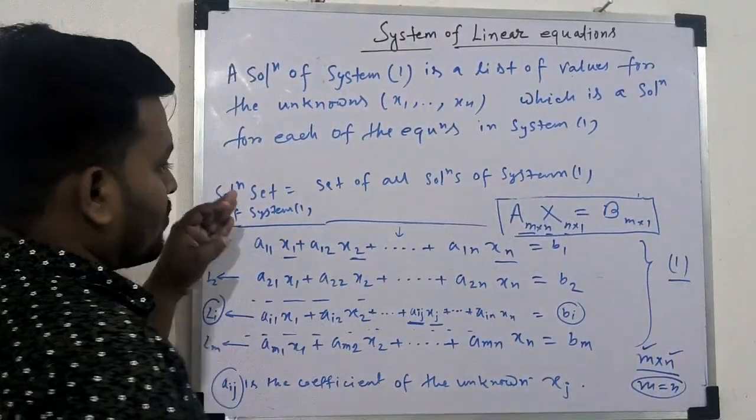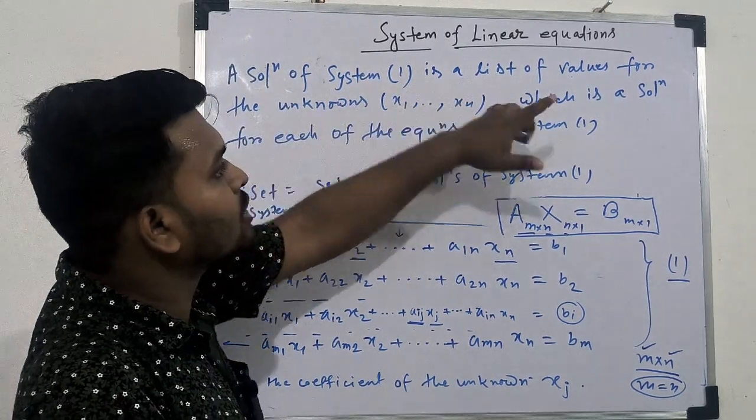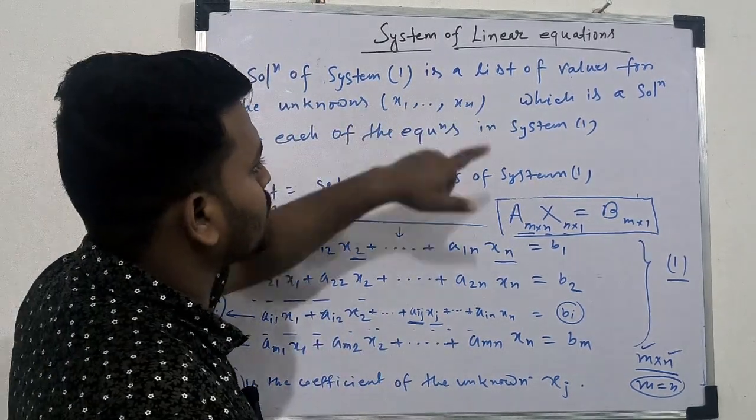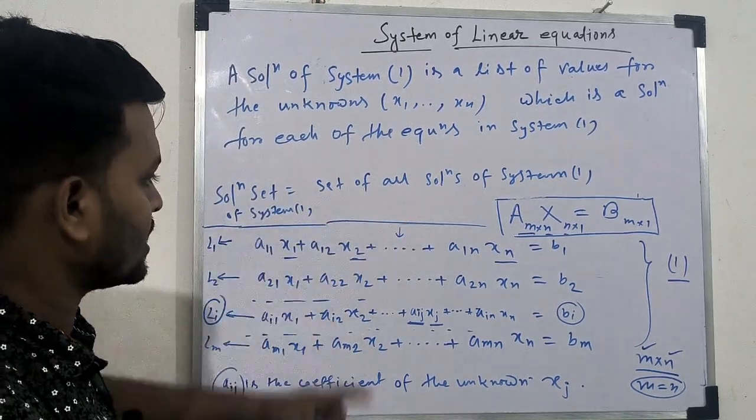What will be the solution for this system? A solution of this system 1 is a list of values for the unknowns x1, x2, ..., xn which is a solution for each of the equations in this system.